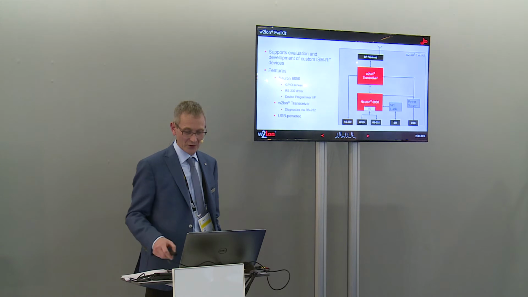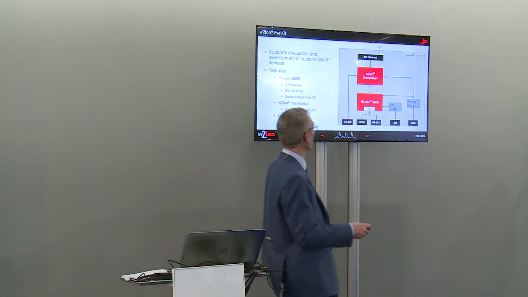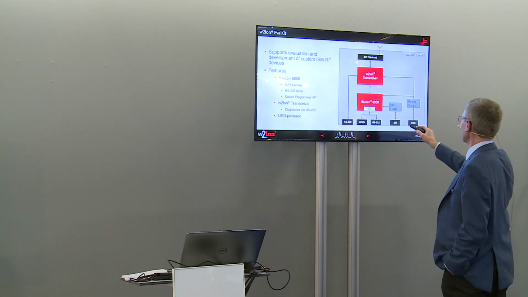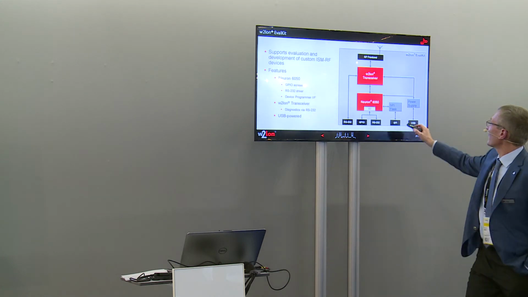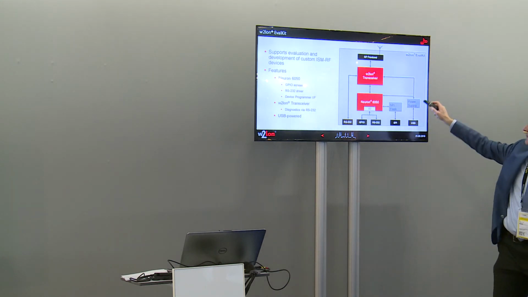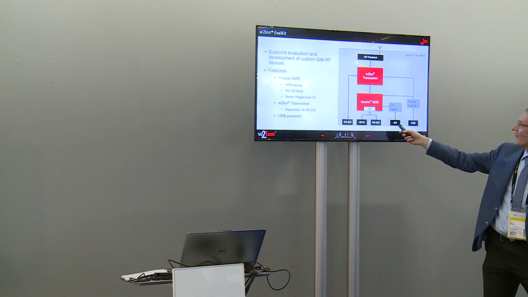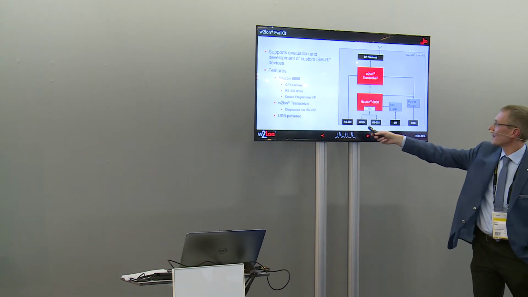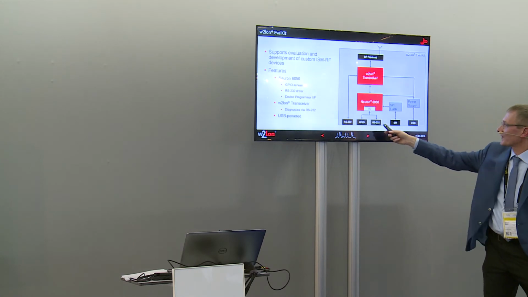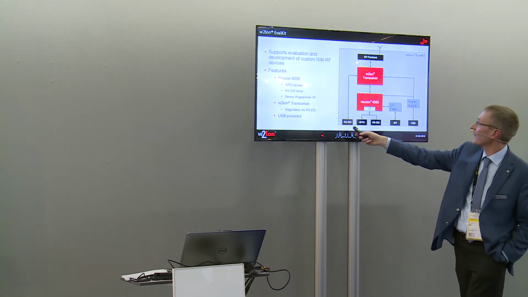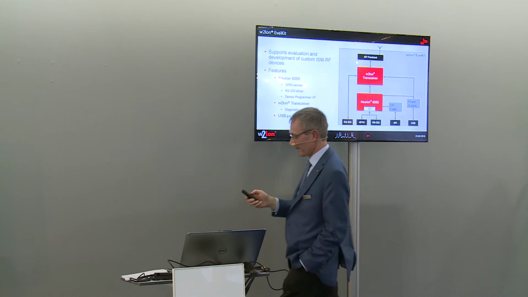And I just want to show you the architecture of that. We have a Neuron 6050. We have the transceiver on that. We have it powered via USB. You can program the Neuron via the SPI interface, and you have access to the GPIO as well as RS-232, and this is just for debugging.